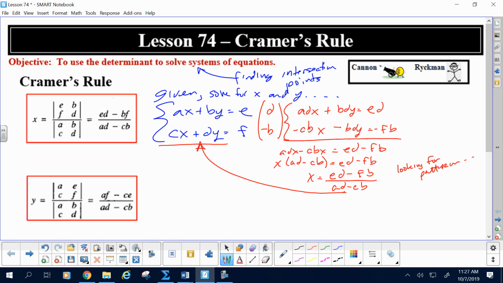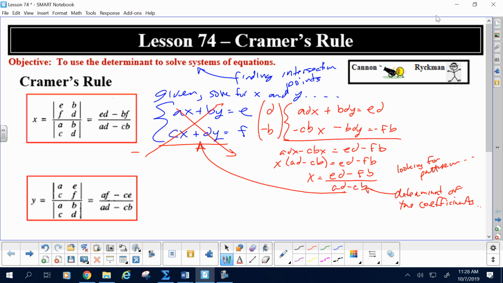Where did ad minus bc come from? Doesn't ad minus bc come from down to the right minus up to the right? Yeah? So it seems like this looks like the determinant of the coefficients when I do matrices, yeah?